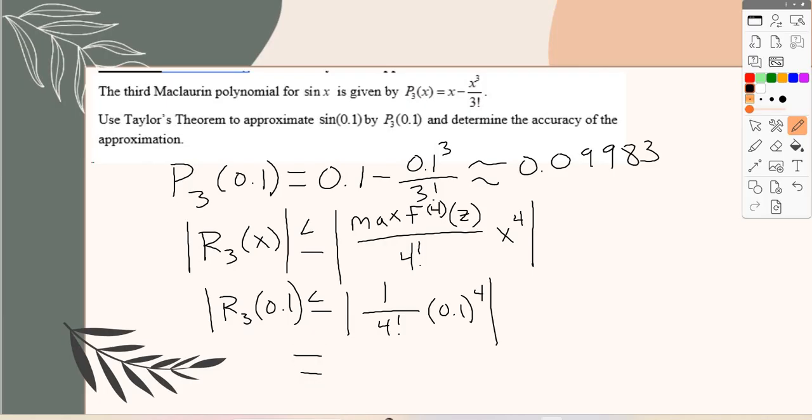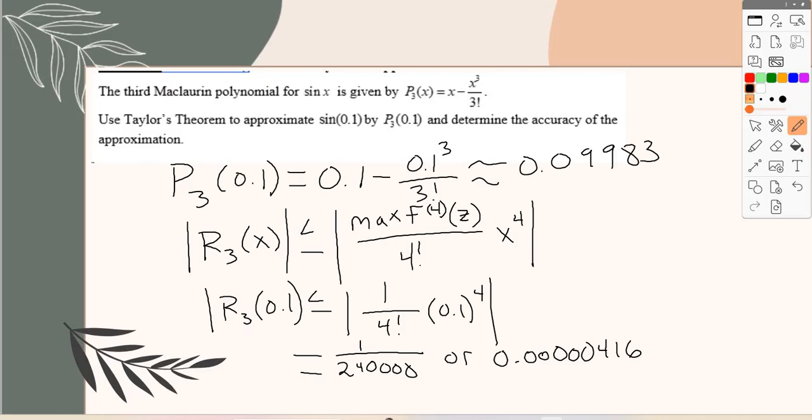And that actually equals 1 divided by 2, 4, 1, 2, 3, 4 zeros, which is also 6. So how accurate is that approximation?